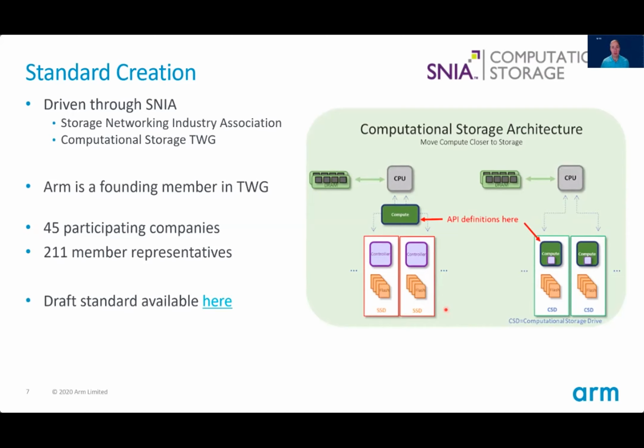Essentially, this technical working group is focused on a couple of different areas: the hardware architecture, what are the definitions, what does an architecture look like for computational storage, but also software libraries and APIs, so that everybody has a common interface for how to determine what computational storage capabilities exist in a product, how to deploy them, how to use them, and just an overall standard from that perspective, so everybody's on the same playing field.